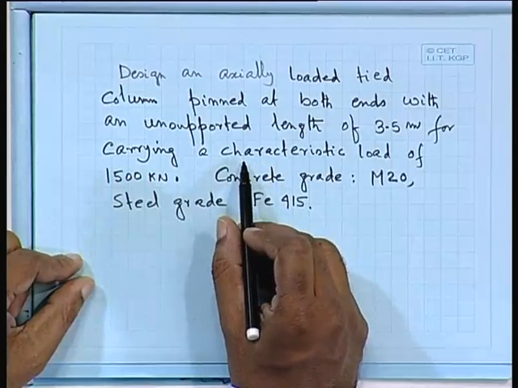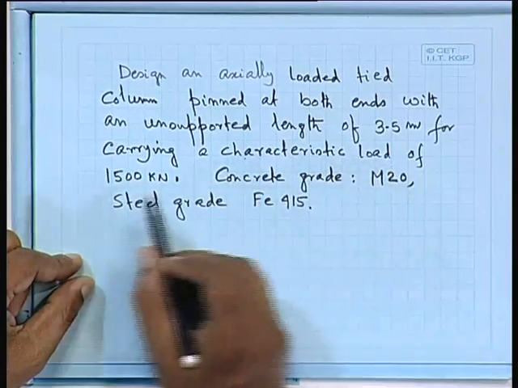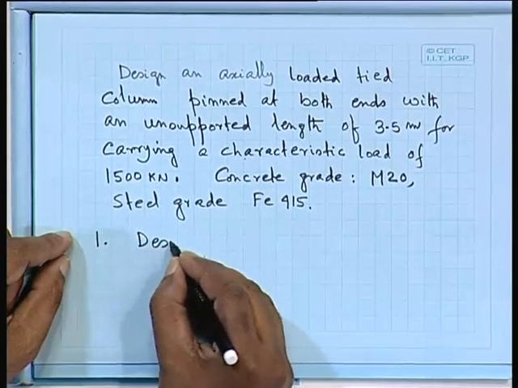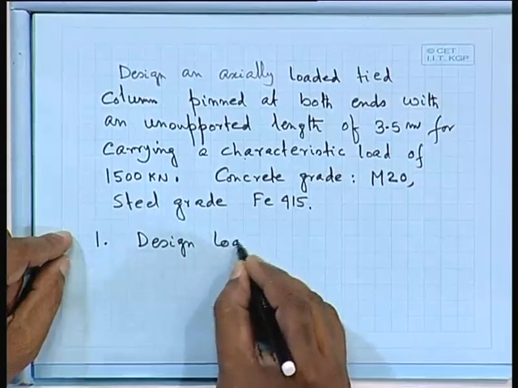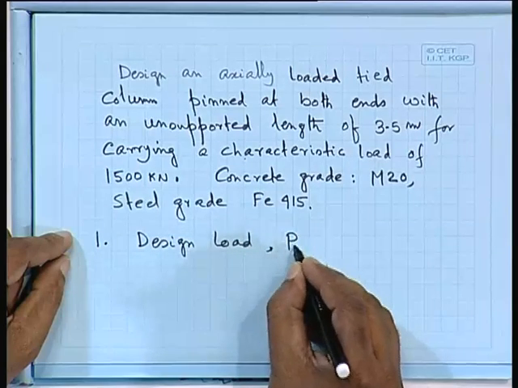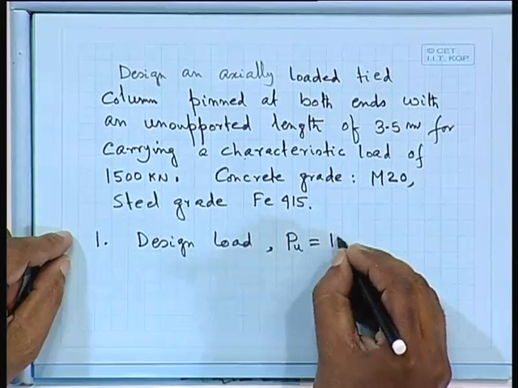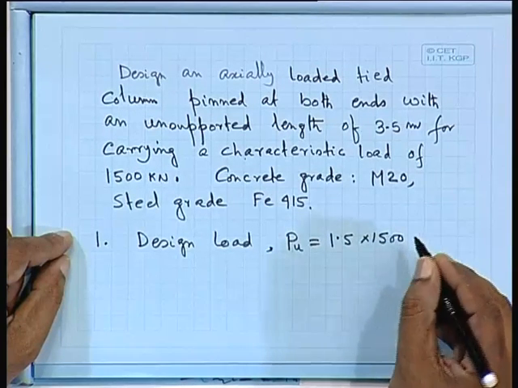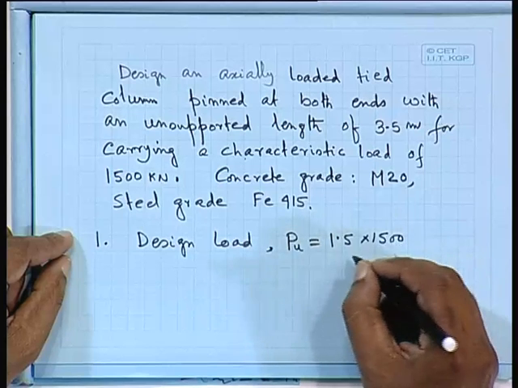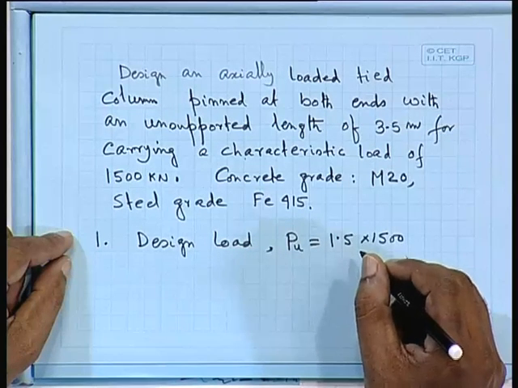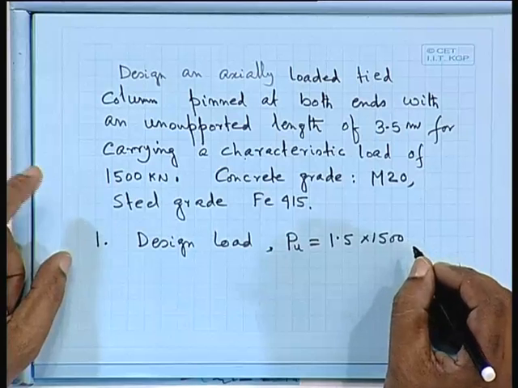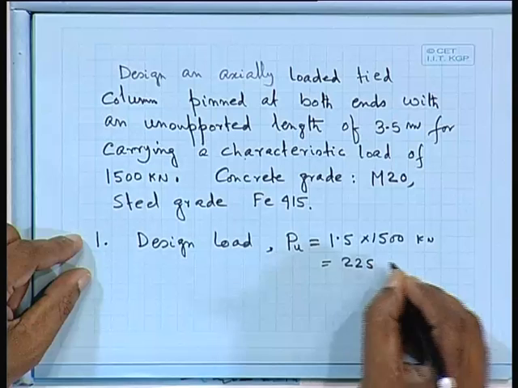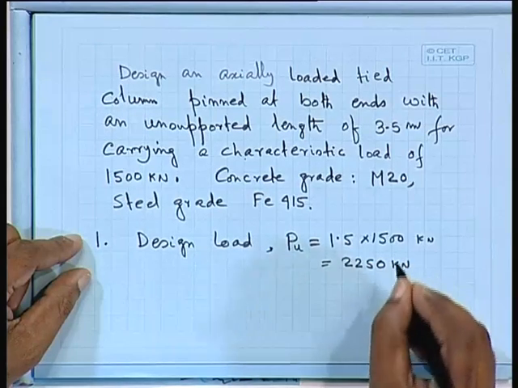Please note the characteristic load of 1500 kilonewton. So, what about the design load? This is an axially loaded column, design load Pu, we shall take it as 1.5 times the characteristic load unless otherwise specified. It will be different for different cases, seismic load, wind load, but if nothing is specified, we shall assume 1.5, which comes as 2250 kilonewton.